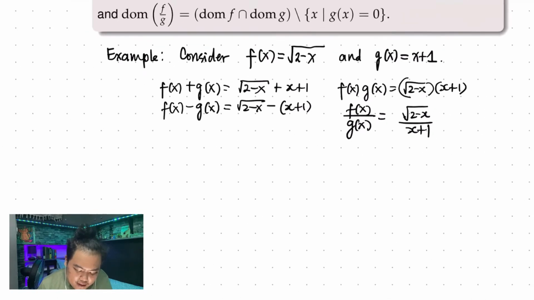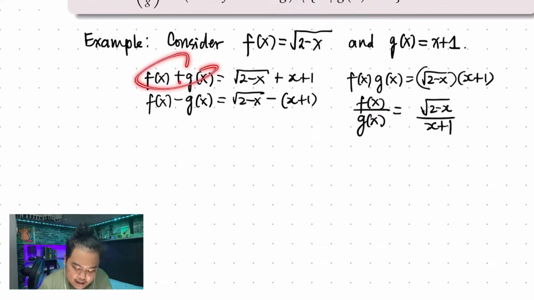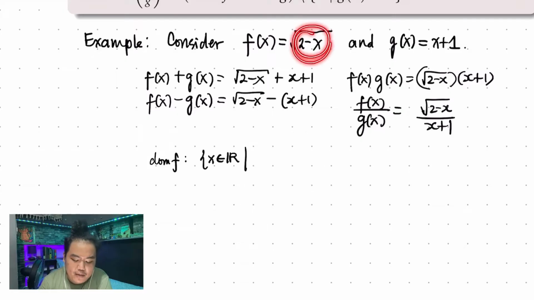And what is the domain nitong mga nag-apply tayo ng operation? Of course, kailangan mo muna ng domain ni f and g. So, yung domain ni f, the set of x, such that, itong nasa loob, bawal mag-negative pag may square root. Bawal mag-negative, so ibig sabihin 0 siya or positive.